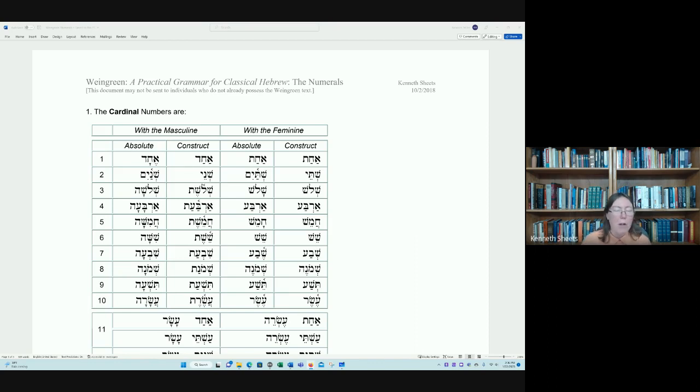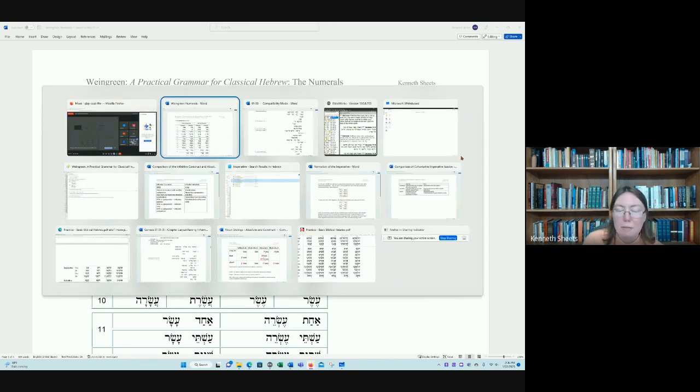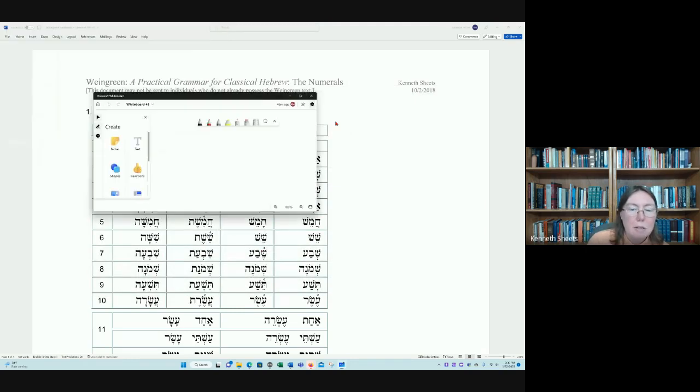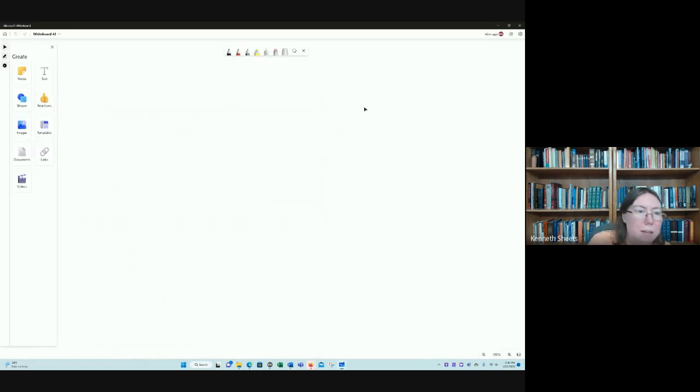So, first of all, as you may remember, there are two different types of numbers, one being cardinal numbers and another one being ordinal numbers.